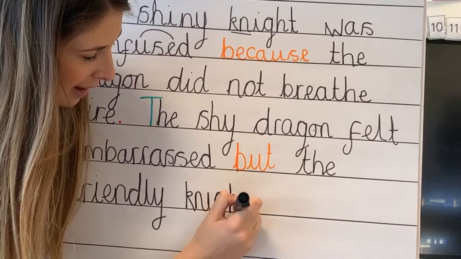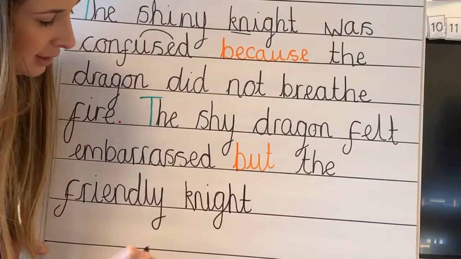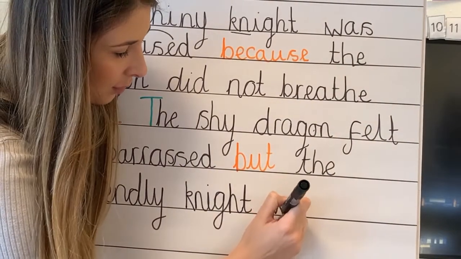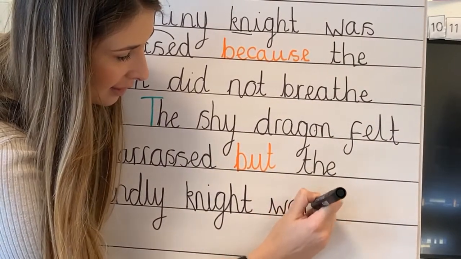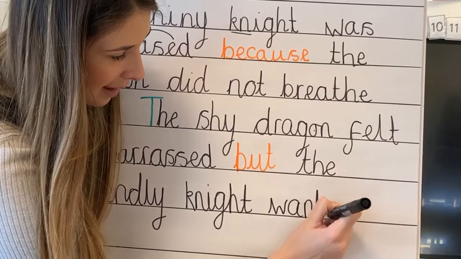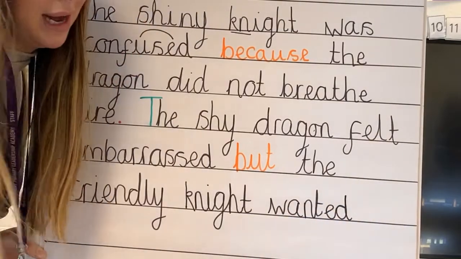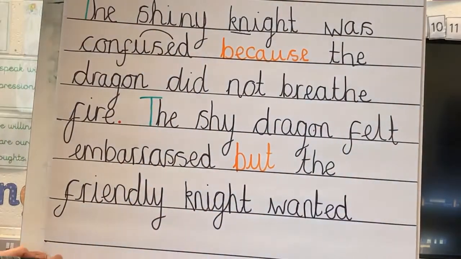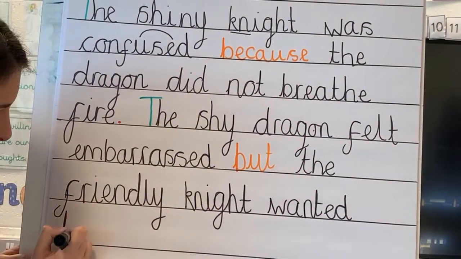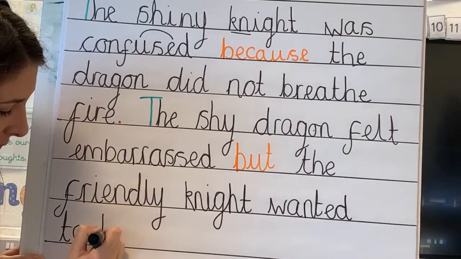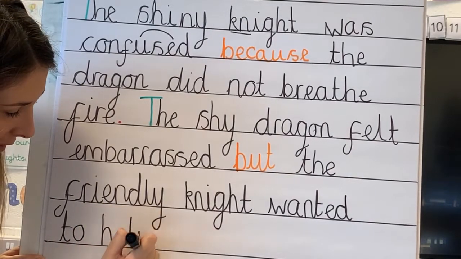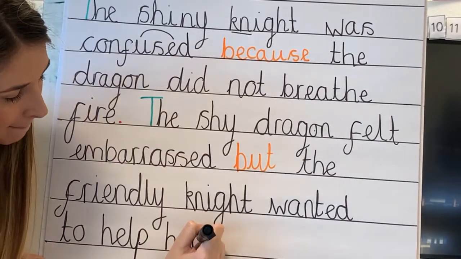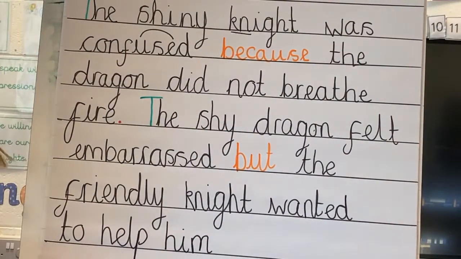I fly high in the middle. Knight wanted. Well, where's the tricky part in wanted? It's the tricky o. Wanted to help him. And that's the end of that sentence.